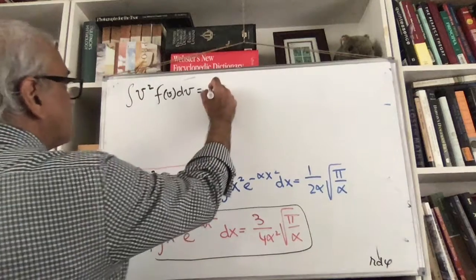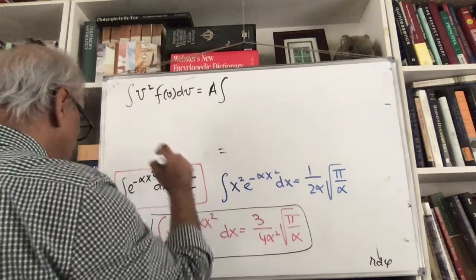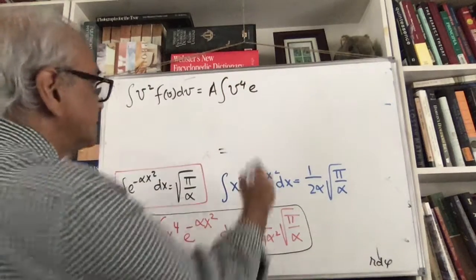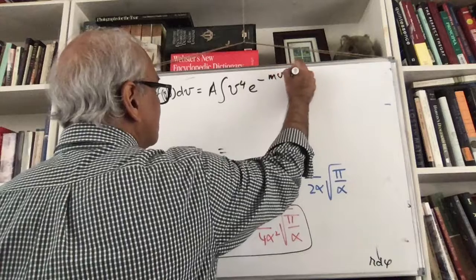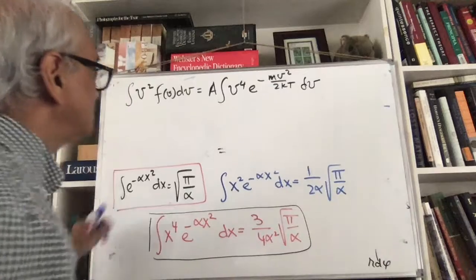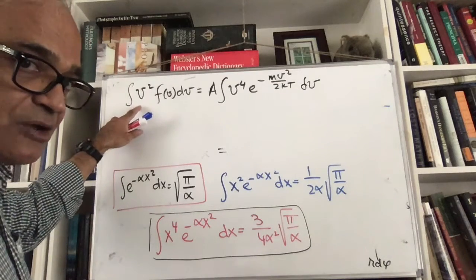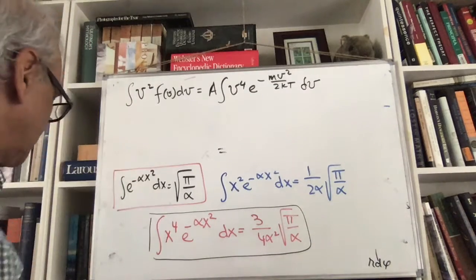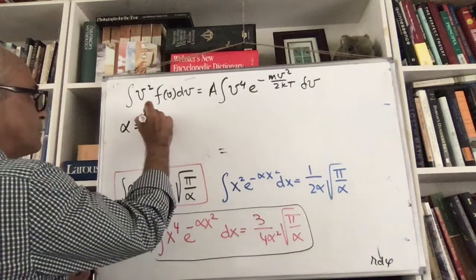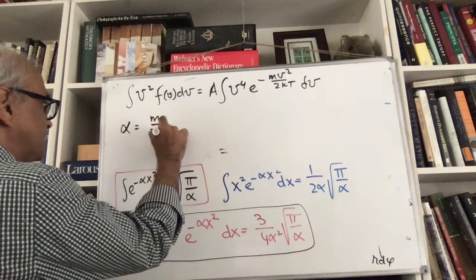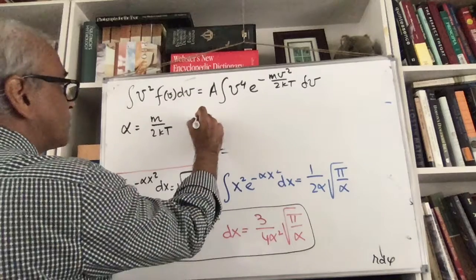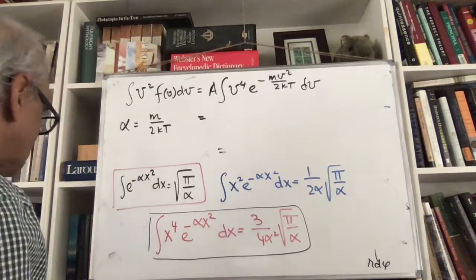Because I have v squared, it will be v to the power 4 e to the power minus m v squared over 2kT dv. That's my Maxwell-Boltzmann distribution. I'm trying to figure out the average of v squared. All right, so we already know we are using alpha equals m over 2kT, right?